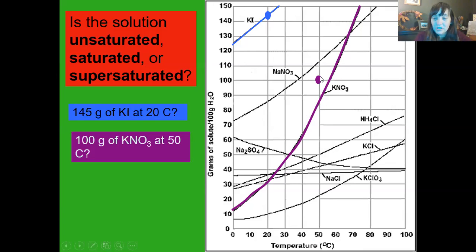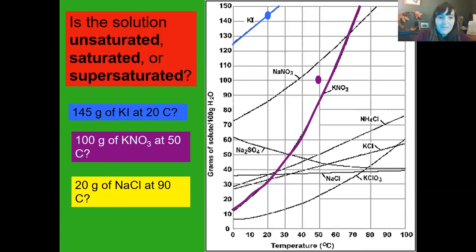That means the solution is holding more than it normally can at that temperature. Somebody did something to trick the solution into holding that many grams of solute. How about 20 grams of sodium chloride at 90 degrees Celsius? Here's sodium chloride. Here's the 20 grams at 90 degrees Celsius. Yes, that one is unsaturated because the dot is under the line.